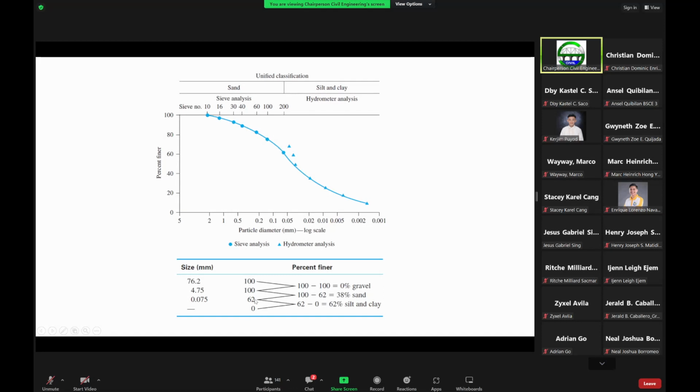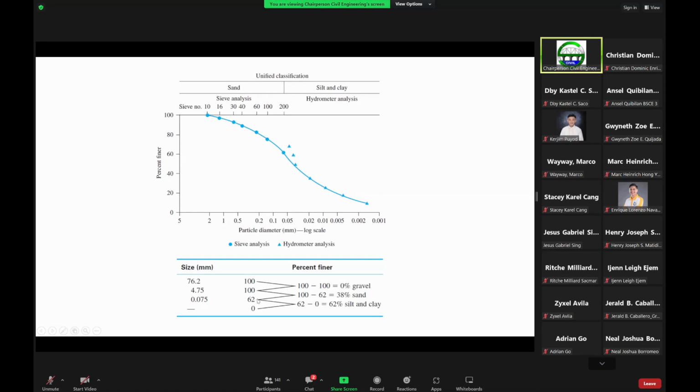So in this case, if we subtract, that's 100 minus 100, which means indeed it's zero gravel.